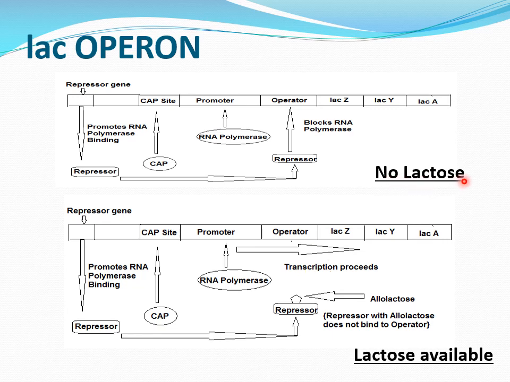So when no lactose is there, this repressor gene forms a protein, and this repressor binds to the operator site, and thus it blocks the RNA polymerase from moving further to carry on this transcription.